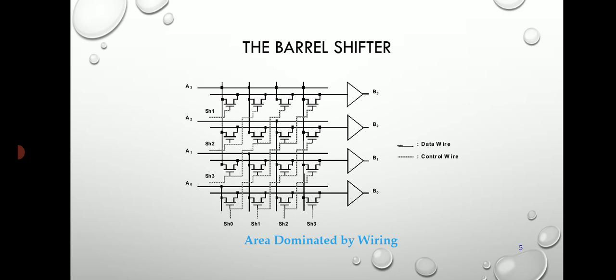One way to implement this barrel shifter is a sequence of multiplexers, where the output of one multiplexer is connected to the input of the next. Here we can see an example: a 4-bit parallel shifter with the inputs A, B, C and D. This shifter can cycle the order of the bits.